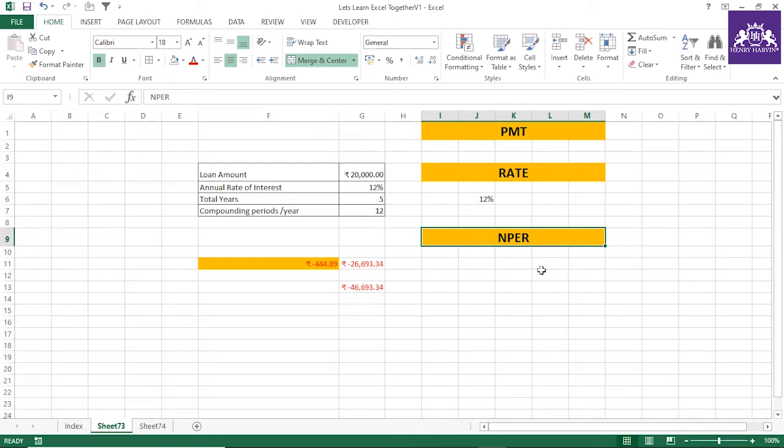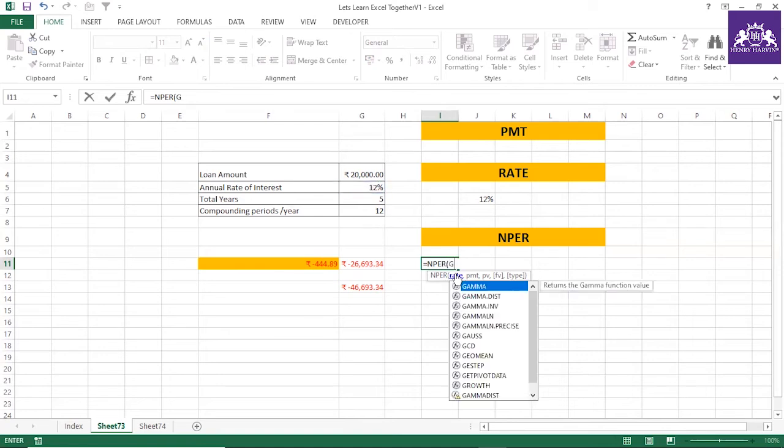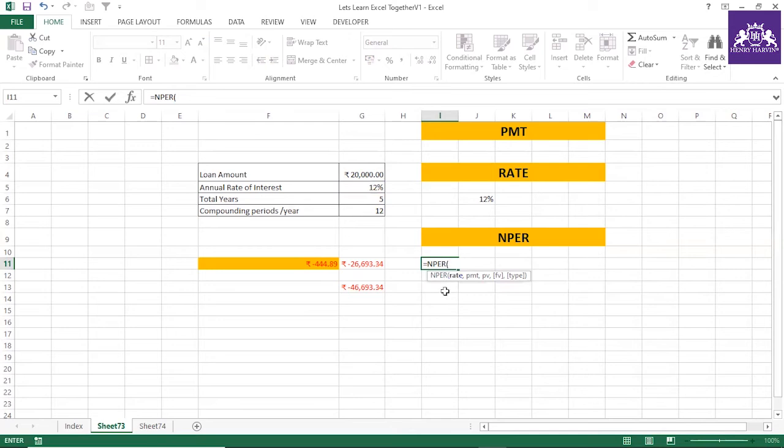So now let me find out the NPER function equal to, first understand what values we are going to supply in our NPER function. See the argument, guys. NPER function means number of periods. What is rate? This is the rate, 12%. You can see this is the rate, but I'm not going to select anything. But let me tell you something, and let me read the argument.